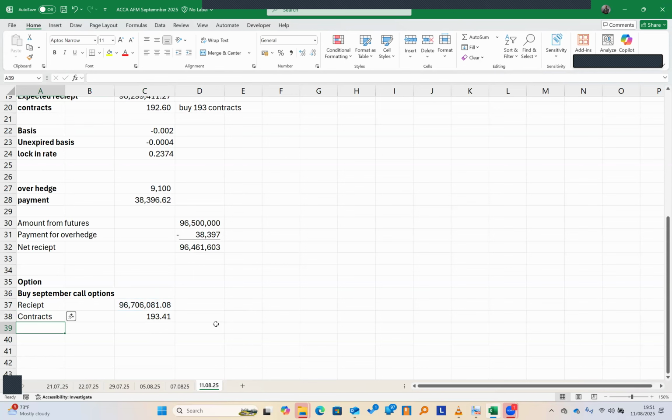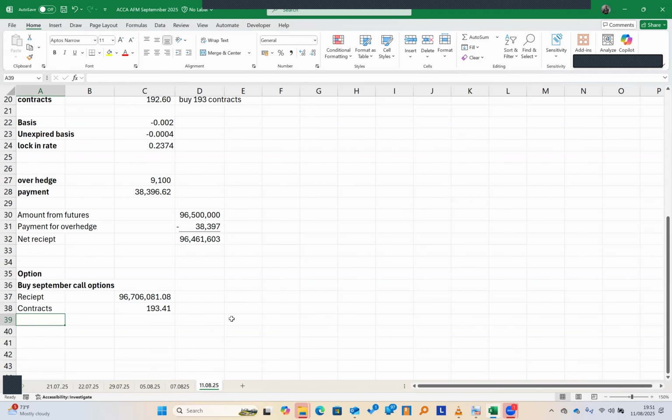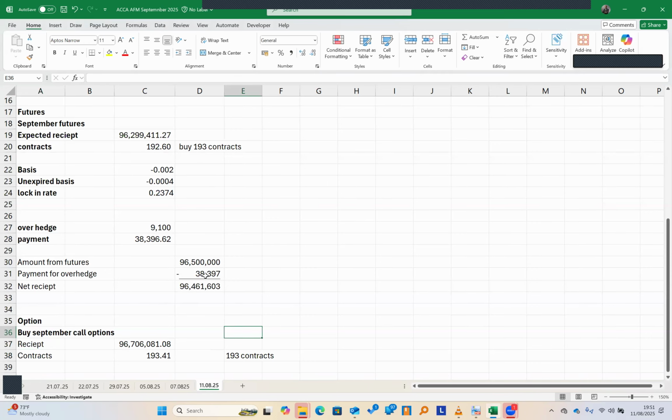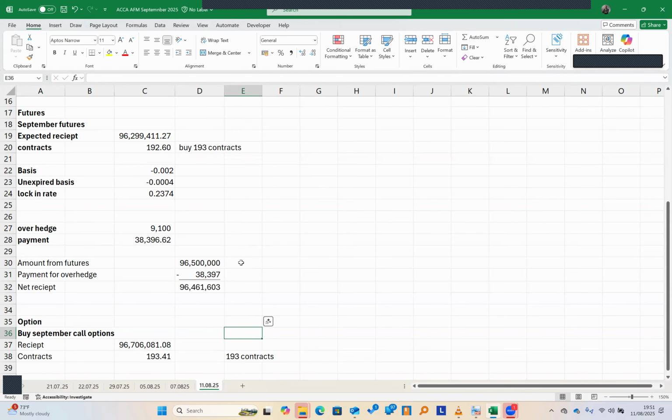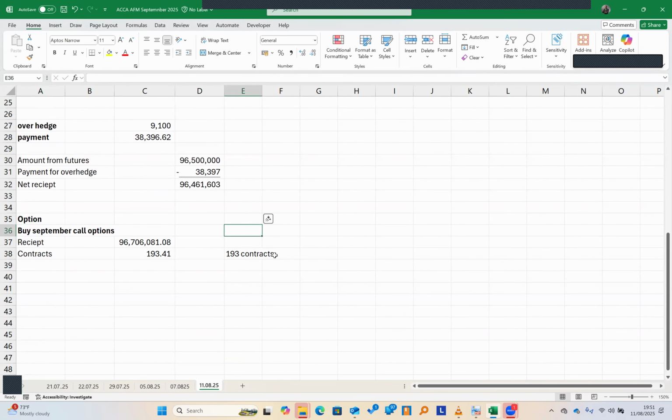So I have 193.4, and I can still say 193 contracts. Now, in this case, since I've said 193 contracts, I have under-hedged. Remember before, it was 192, then 193, we over-hedged. But now here, I have under-hedged.